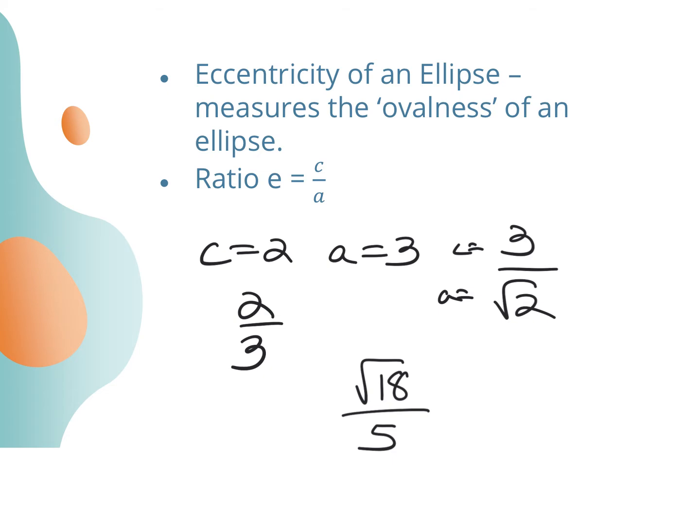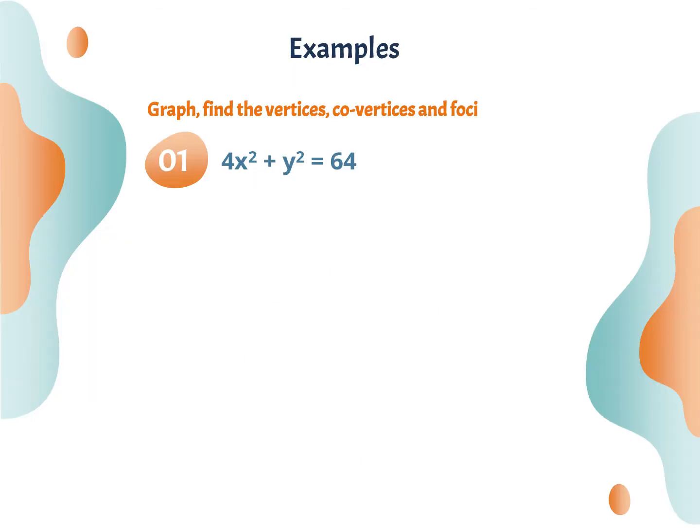So let's try an example. Again, our first step is always to make sure that our equation equals 1. So I'm going to divide everything by 64. And now we can see where we're going to be getting these fractions from.